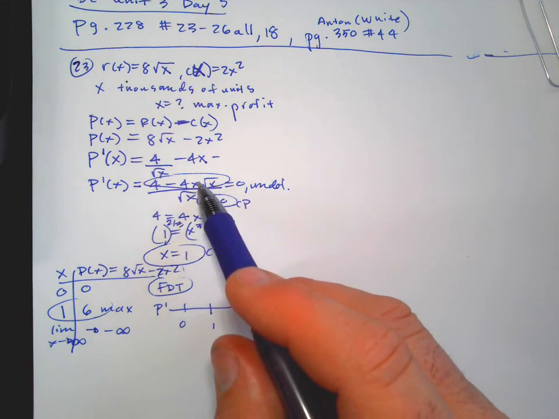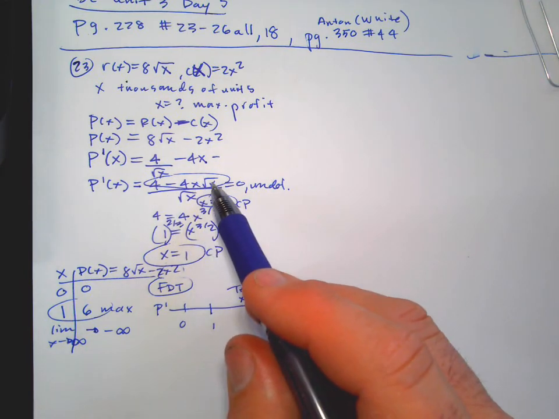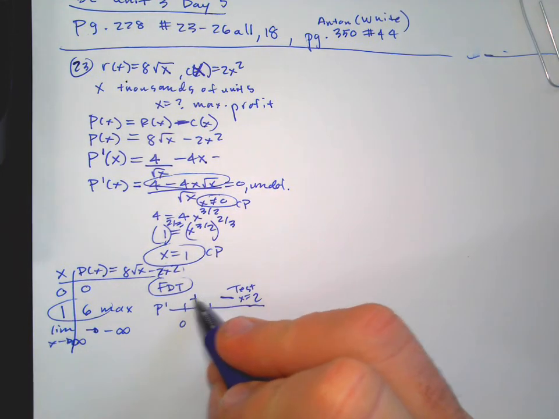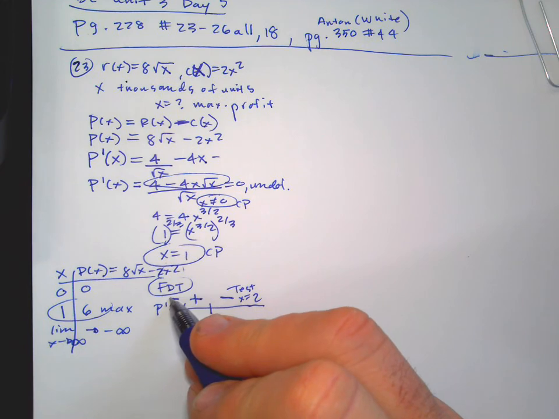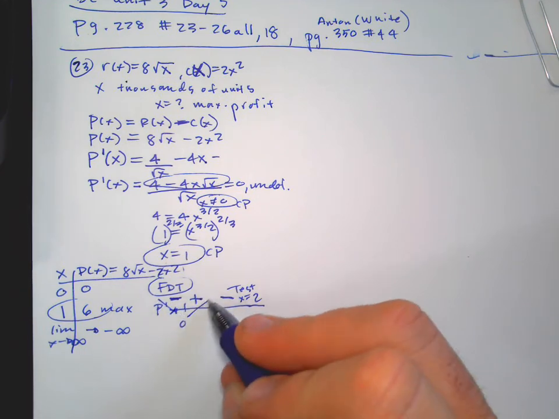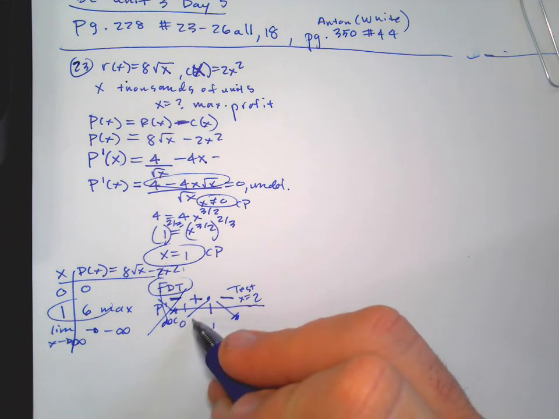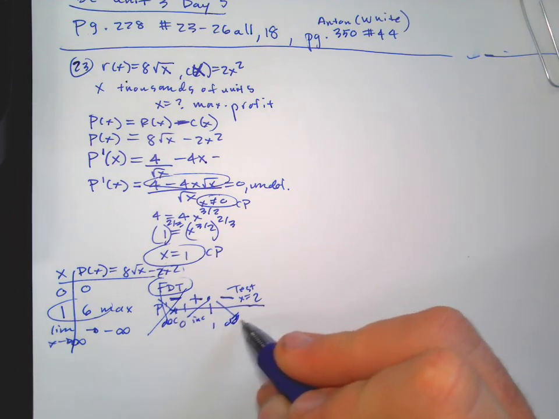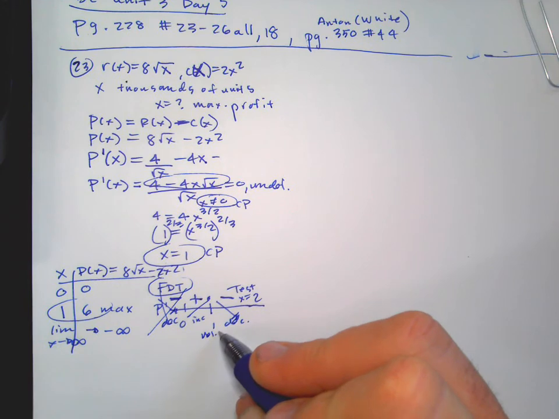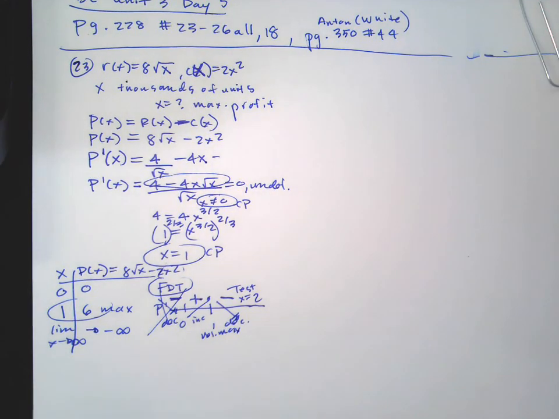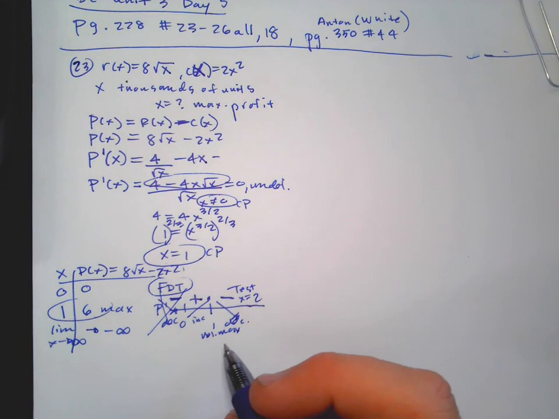Plug 2 in. 8 times square root 2 is definitely bigger than 4, so it's going to be negative. Negative, positive, negative. It's down, up, down. Doesn't really make sense to consider that, but so there we have a relative max, and then it's got to be the absolute max, if we enforce that we have to produce a positive number of units.